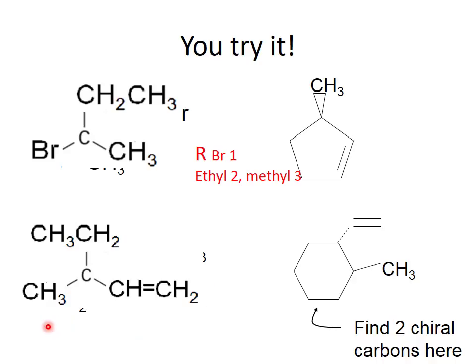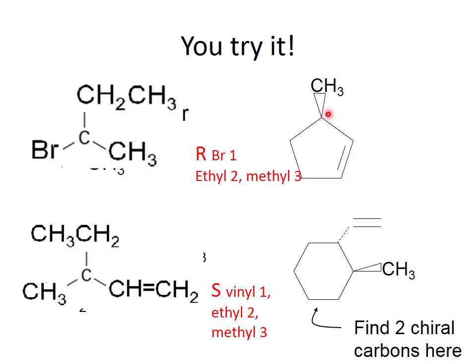So this is what we get as a result. The number 1 priority group is a vinyl group, right here. The number 2 priority group is ethyl, and number 3 is methyl. That means we're going counterclockwise, so it's an S enantiomer.